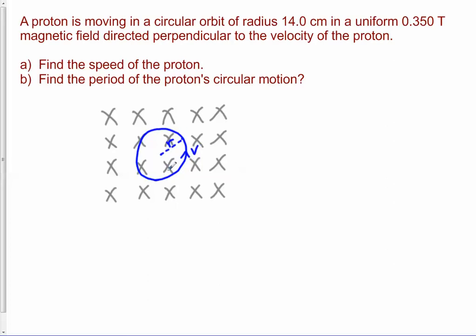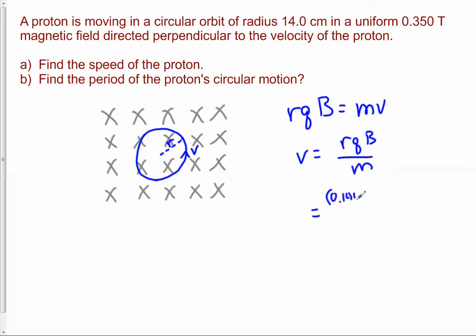All right, so this is actually pretty easy because we have rqb equals mv as our relationship. So if we want v, v will be rqb divided by m. r is 0.140 meters. A proton is 1.60 times 10 to the minus 19 coulombs positive. And the strength of the magnetic field is 0.350 Tesla.